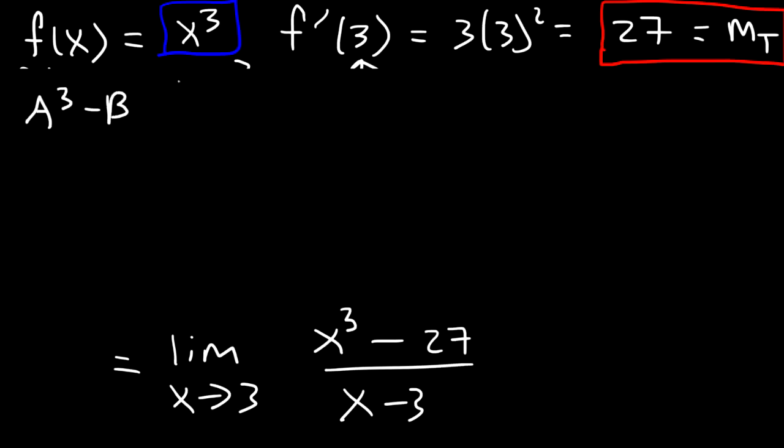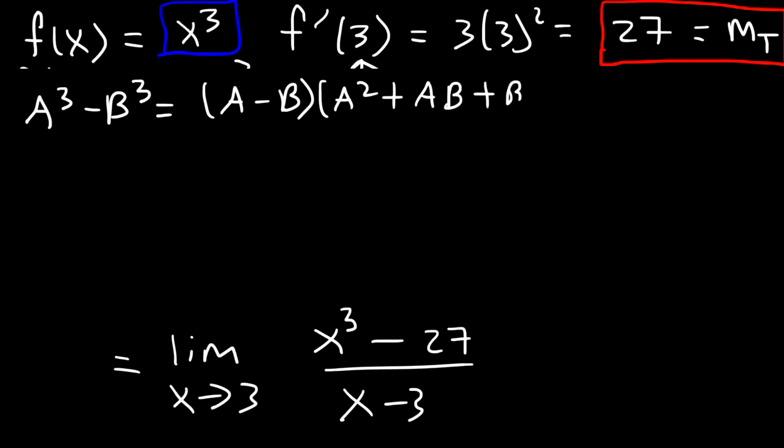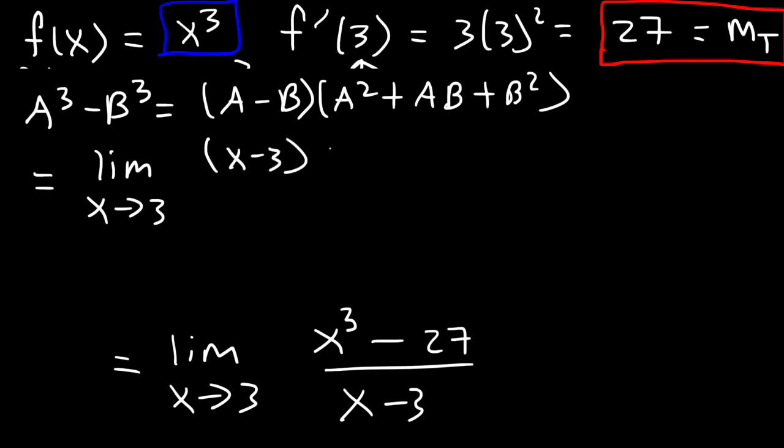A cubed minus b cubed is equal to a minus b times a squared plus ab plus b squared. So therefore, we have the limit as x approaches 3, it's going to be a minus b, which is x minus 3, times a squared, or x squared, plus ab, so that's going to be plus 3x, and plus b squared, or 3 squared, which is 9.